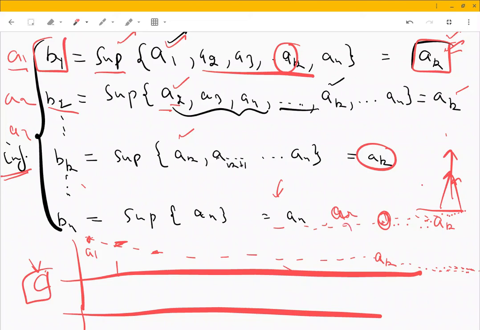Even if nothing repeats, can you observe, this will keep on decreasing, and then you will have to take the infimum of this set. To get to the limit inferior, you will have to take the infimum, the smallest value. And you can observe that in this case also, you'll get the limit point as the smallest value.